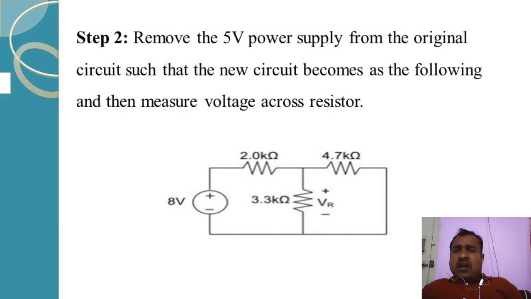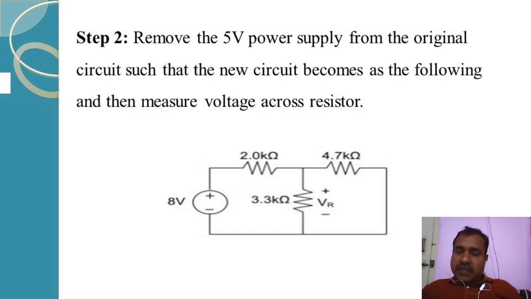Next step is to turn off the other source, the 5 volt supply, and follow similar steps. Here I am turning off the 5 volt supply, and that source is replaced by a short circuit. Now the 3.3 kilo ohm and 4.7 kilo ohm resistances are in parallel.